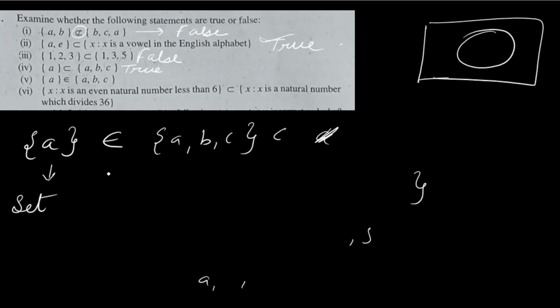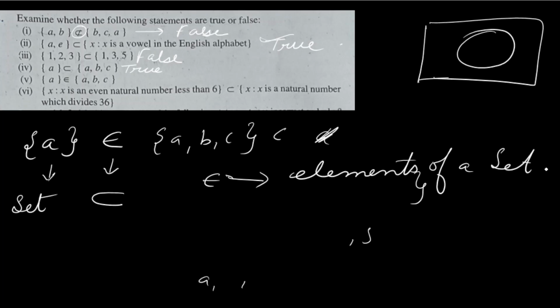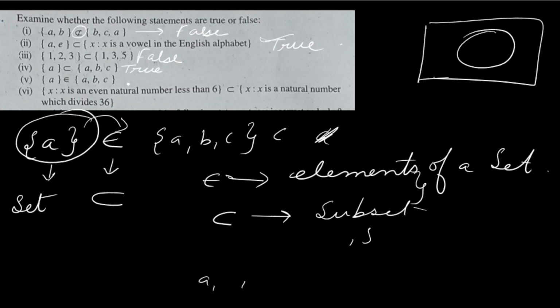So for a set we don't use this word belongs to. For a set we always use this word subset. So belongs to is used for elements of a set, and this is used for a subset. Now since this is a set, for a set we can't use this. This means this is false.